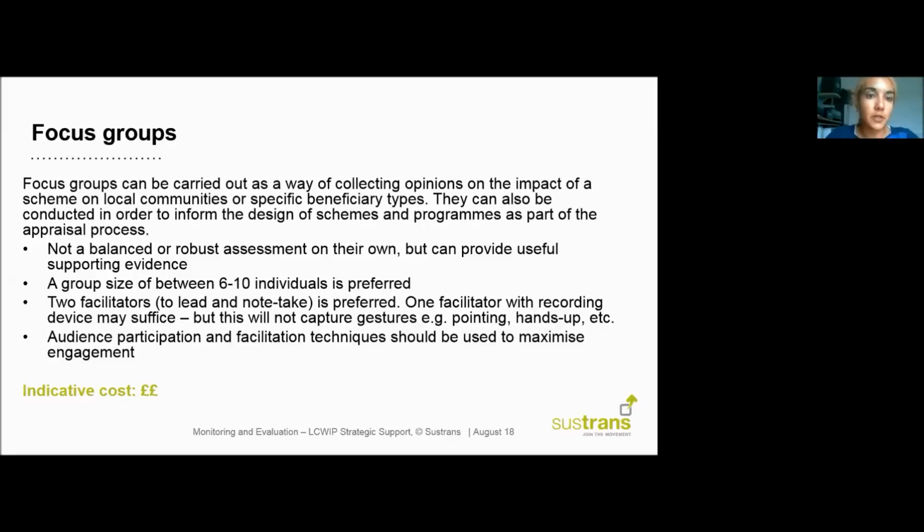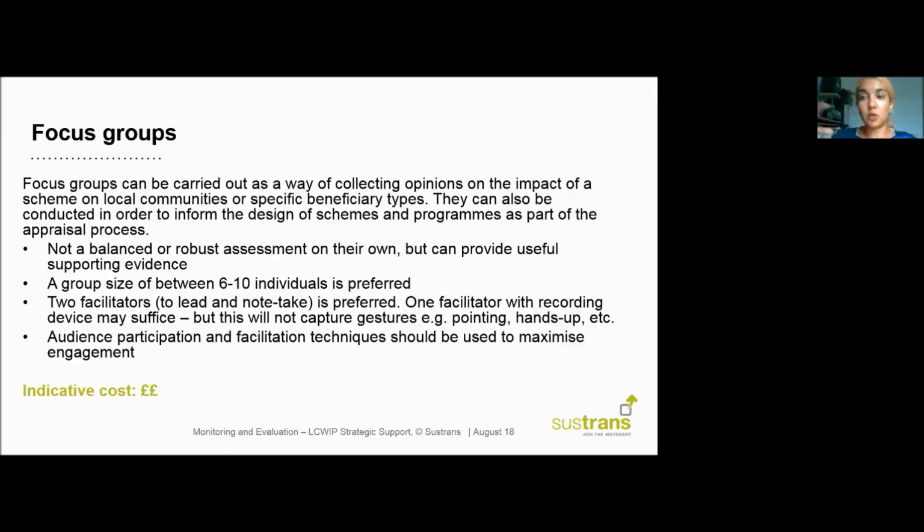So the focus groups are one of the main qualitative tools that are used, and they're a way of gathering in-depth feedback from a local community or a stakeholder group on what has been delivered. They can also be conducted before anything is delivered to inform the design.